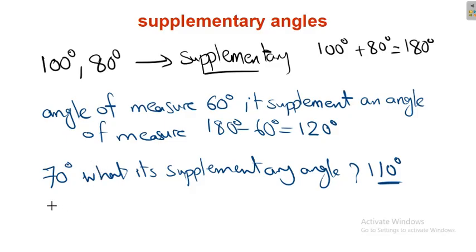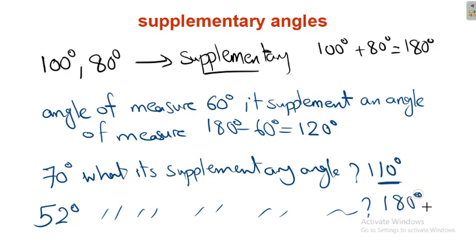If you have an angle of measure 52 degrees, what's its supplementary angle? It will be 180 minus 52. 10 minus 2 is 8, then it will be 7 because we borrowed 1 from 8, 7 minus 5 is 2, and 1 minus 0 is 1, so we have 128 degrees. Okay, it's clear now.